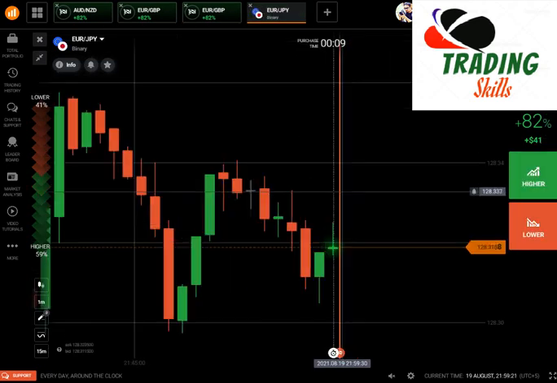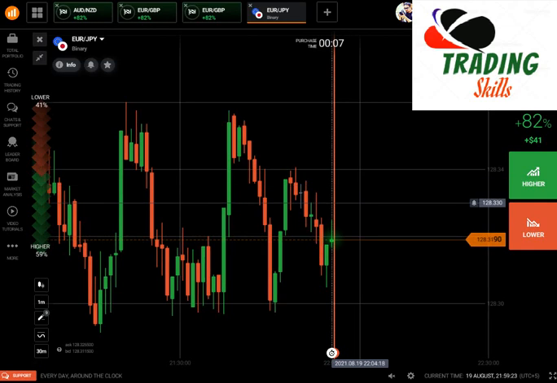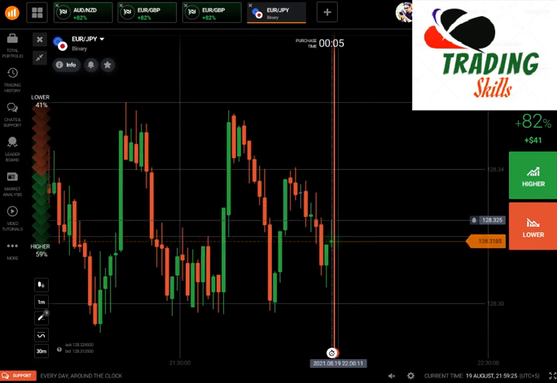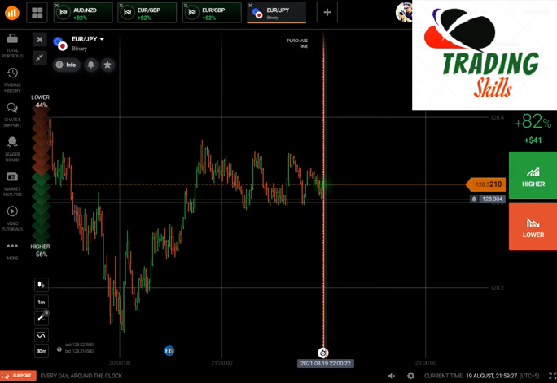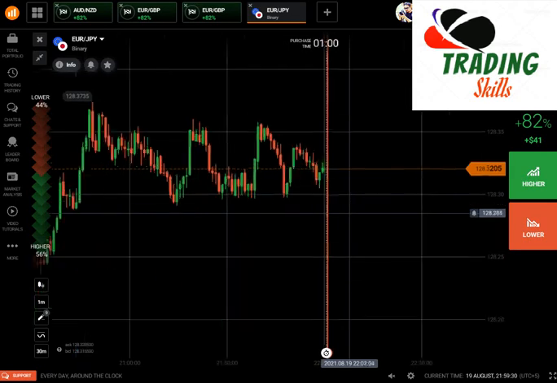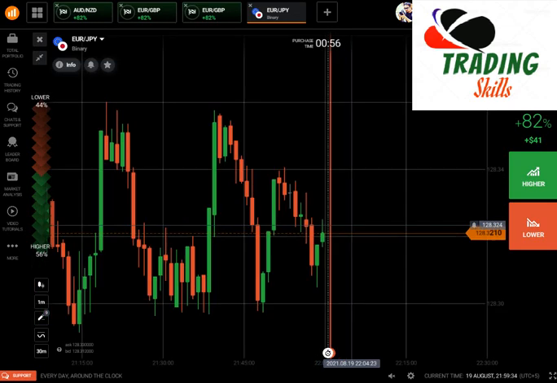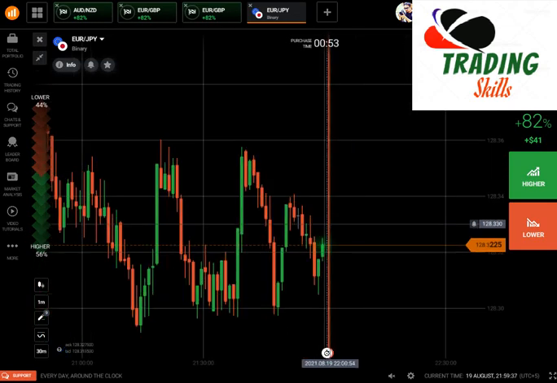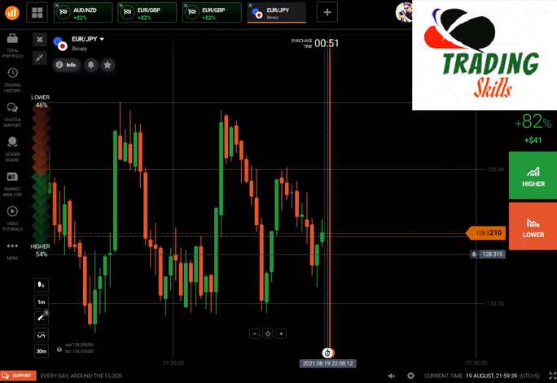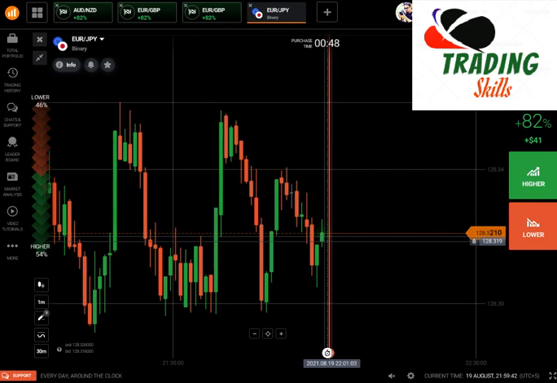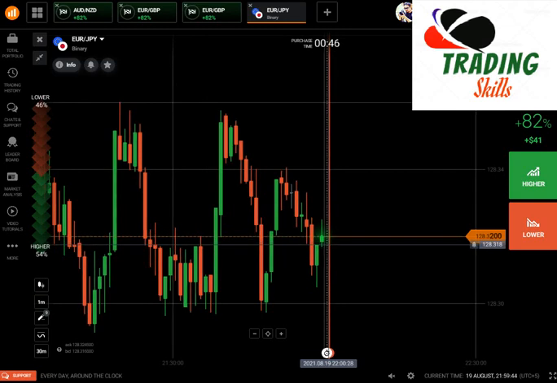Okay, so now you can see here. Okay, so I want to analyze the market here. Okay, here the situation is not good. So in this zone, if I want to go here, I can also use a seller's entry.